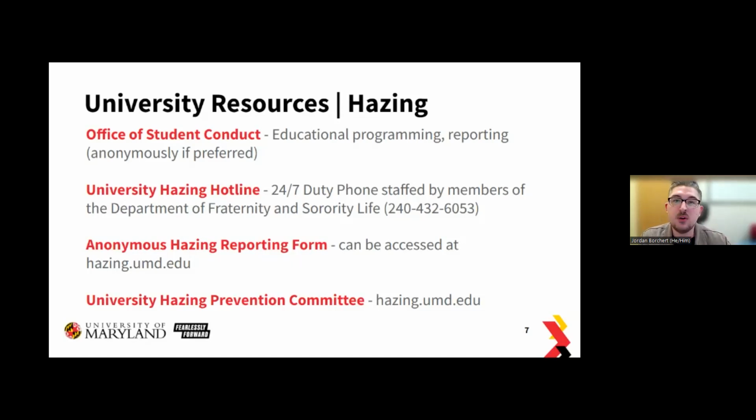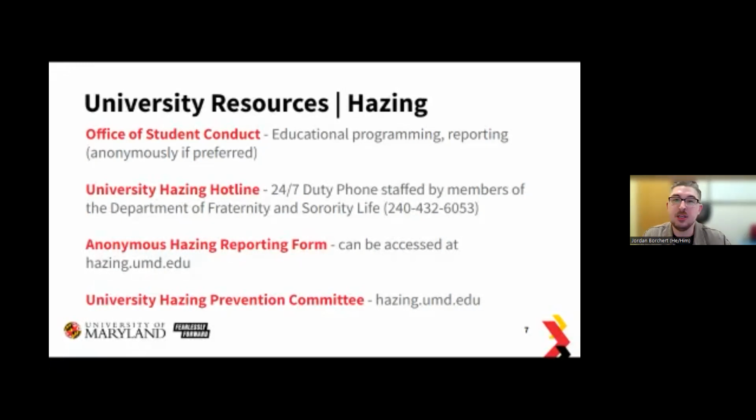We have a duty phone that is staffed by one of our professional staff members in the Department of Fraternity Sorority Life. So on any day of the week, no matter what time, if they call that number, 240-432-6053, they're going to get an answer from one of our staff members. And we'll be able to help them navigate the situation, answer questions and offer support.